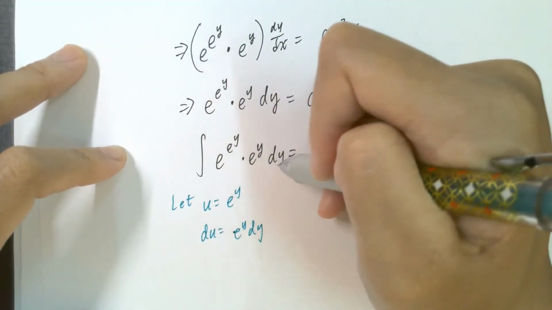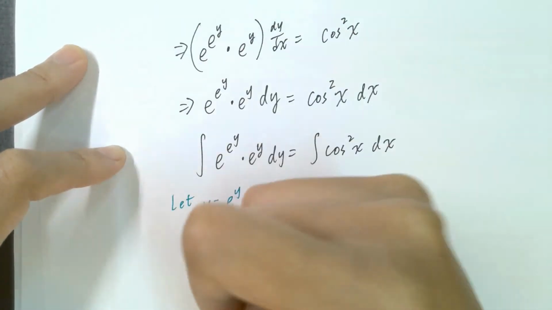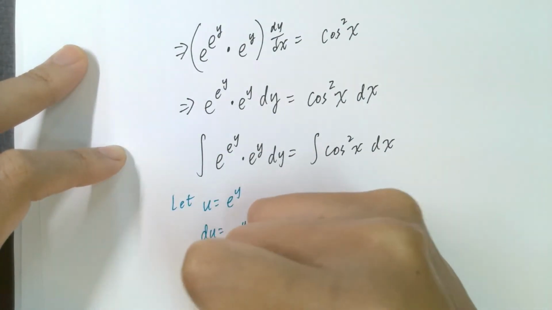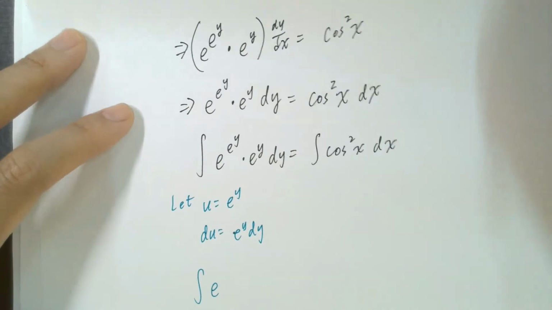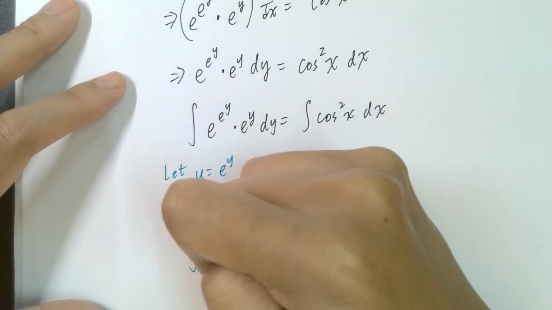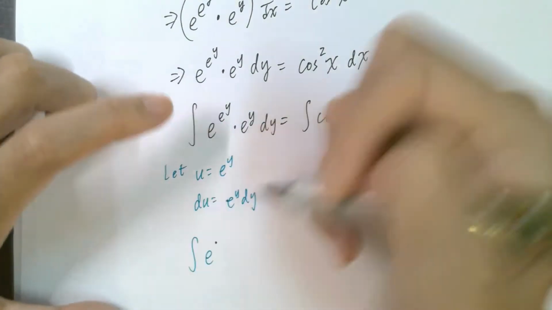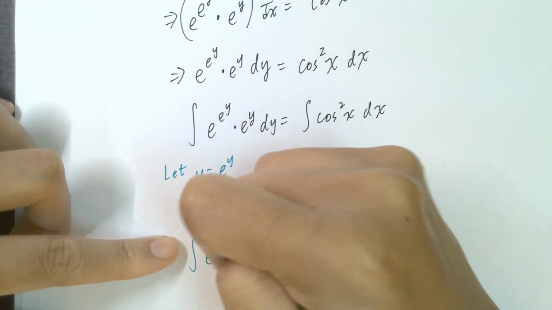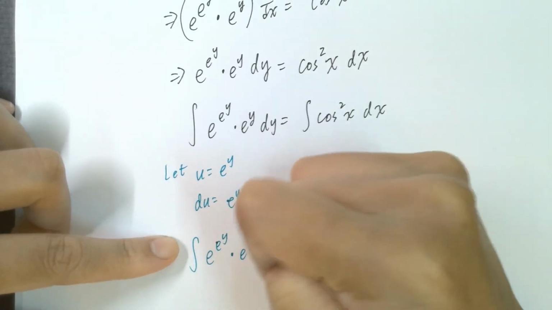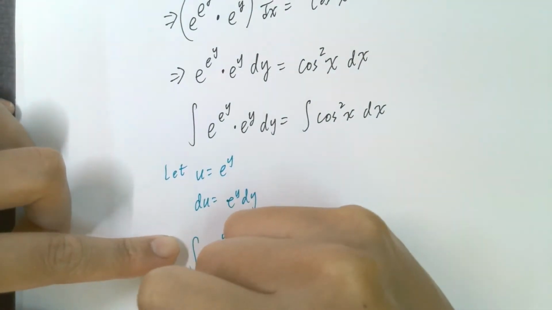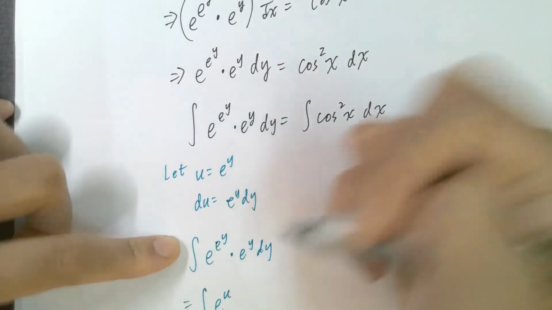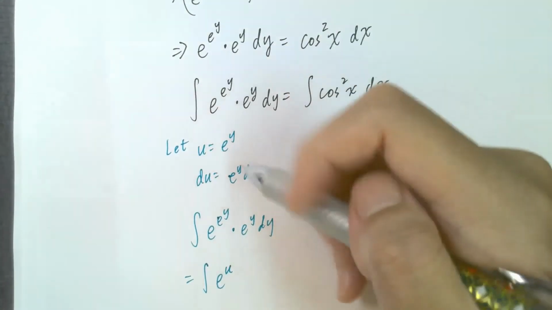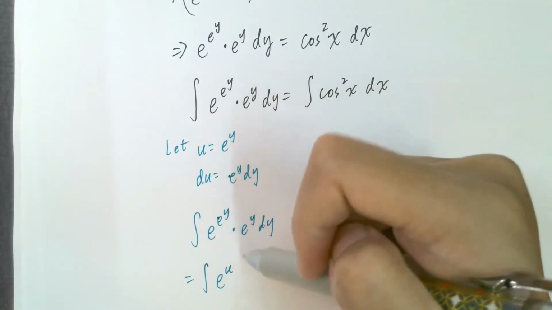So I could say, therefore, that the integration of e to the power of e^y times e^y dy would be here. This is our u, right? u is equal to e^y, and then we plug it back here, and this is just our du.